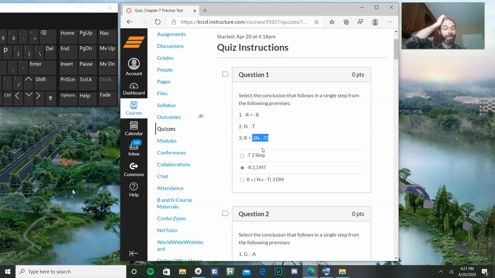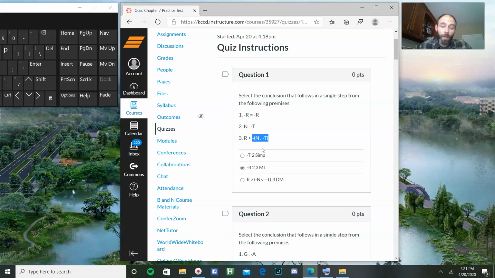What we need is all that with another tilde in front of it. So we would need tilde tilde, open parenthesis, n dot tilde t close parenthesis. Now, we don't have that on line 2, so we can't do MT to get tilde R.